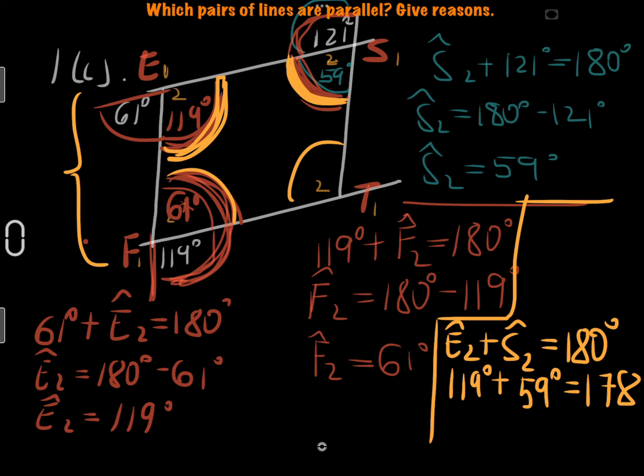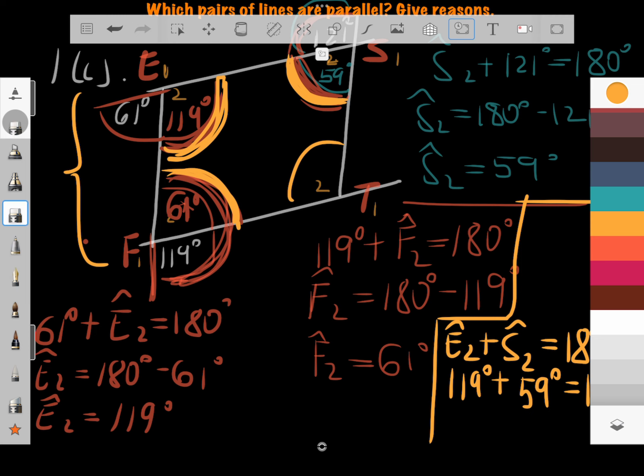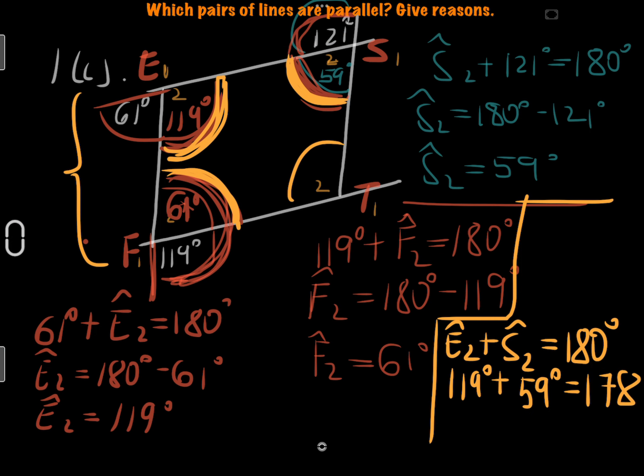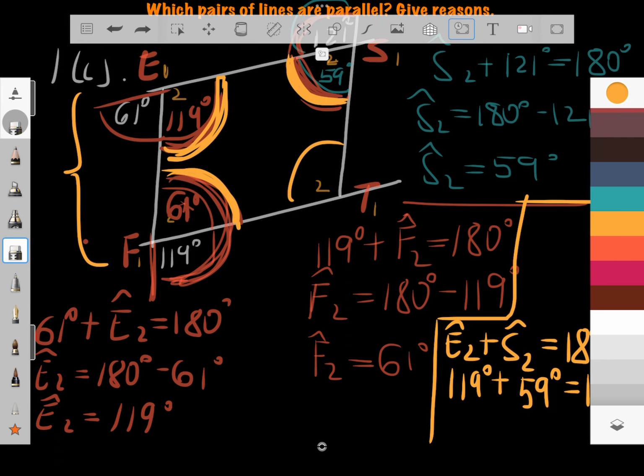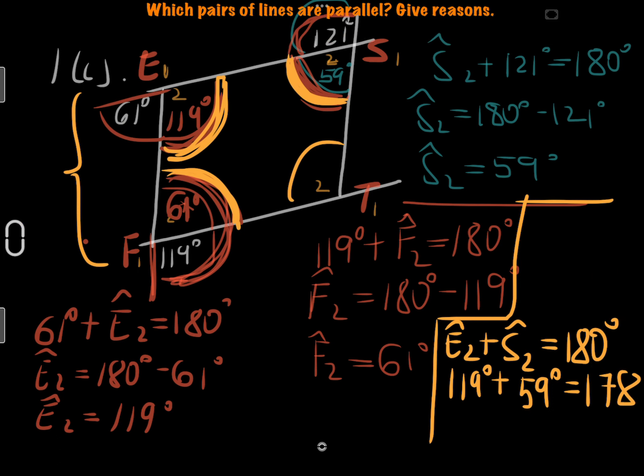Let's check how much angle F2 and angle E2 yield. We already discovered that angle E2 is 119 and angle S2 was 59, and summing them up gives 178.